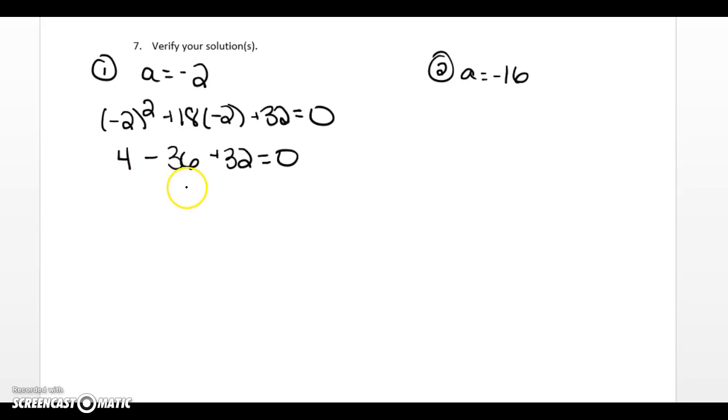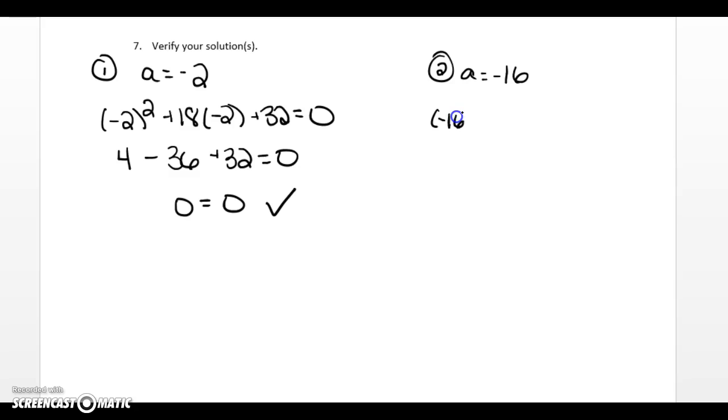So now we can go ahead and do our adding and subtracting. We have 4 minus 36, which is negative 32, plus 32 would give us 0. So 0 is equal to 0, so a is equal to negative 2 is a solution to this equation. Now let's check our second one. Every time you see a, you're going to put in negative 16 instead.